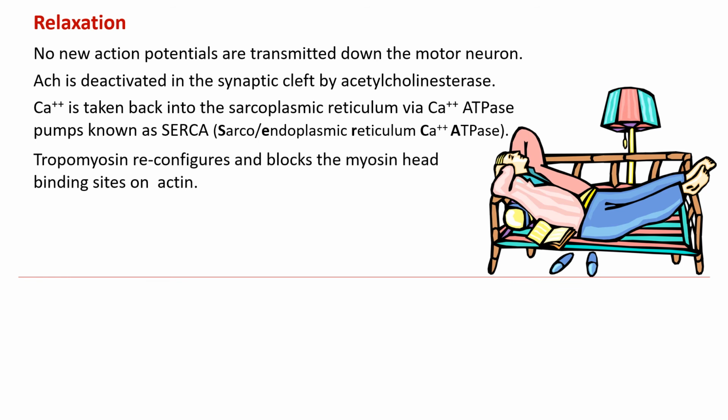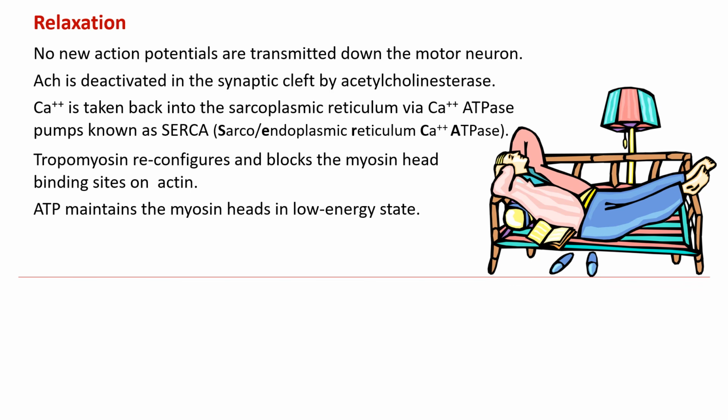Because of this, tropomyosin then reconfigures, so it comes out of the grooves and goes back over the actin and blocks the myosin head binding sites on actin. The last ATP that bound to the myosin heads is not hydrolyzed.